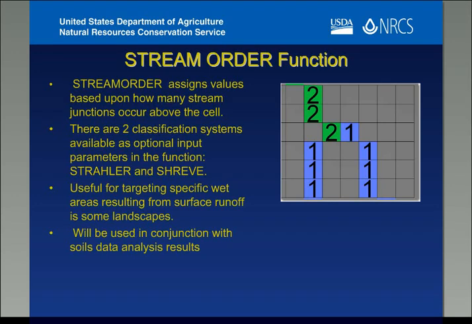It's called the Strahler stream order, and it will create this output product that you see here, where we have two first-order streams coming together, and at that junction, a second-order stream starts. And again, we'll show how we can use the stream order along with some of the other terrain derivatives later on in our analysis with the soils data.